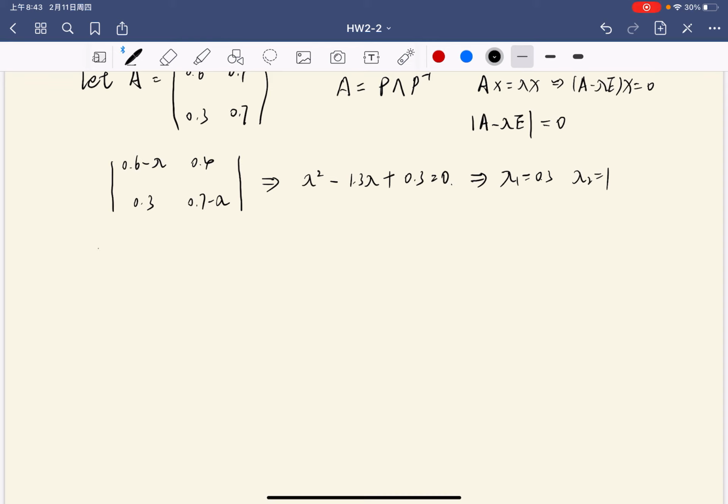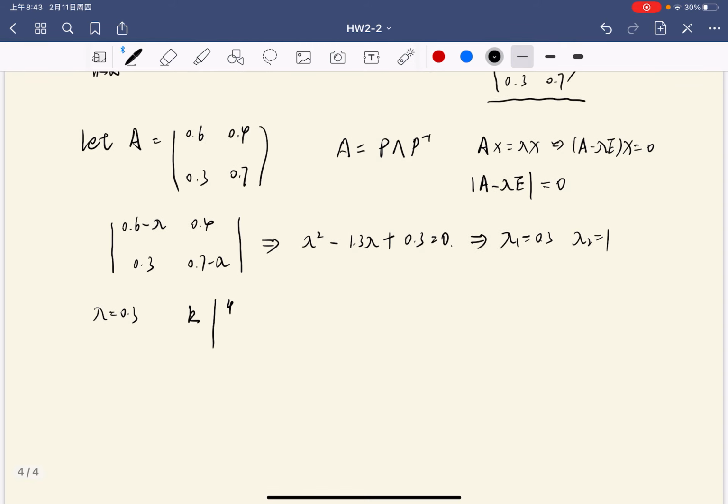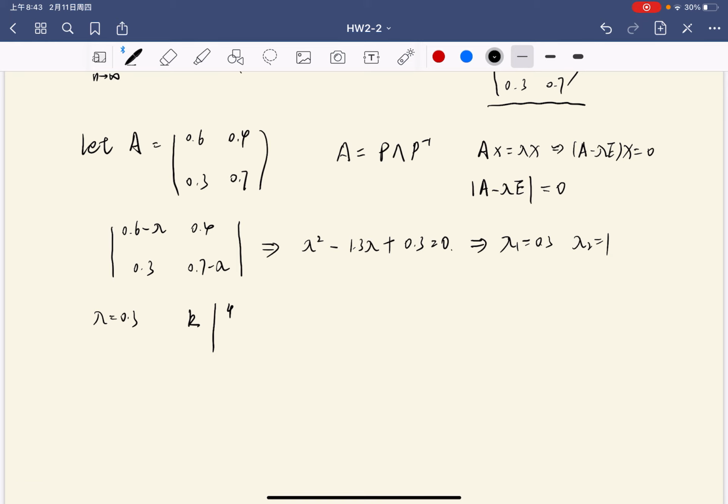Having calculated the eigenvalues, we can use them to calculate the eigenvectors. When lambda equals 0.3, the eigenvector is k multiplied by (4, minus 3), and k needs to satisfy this condition.